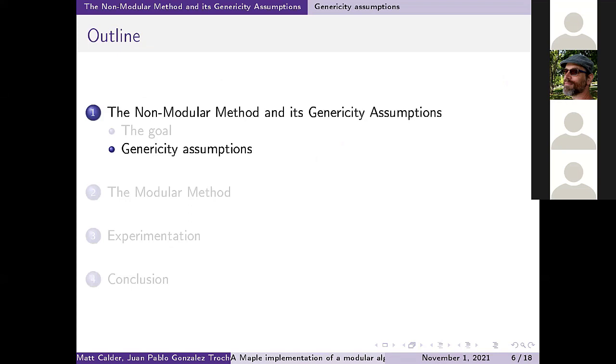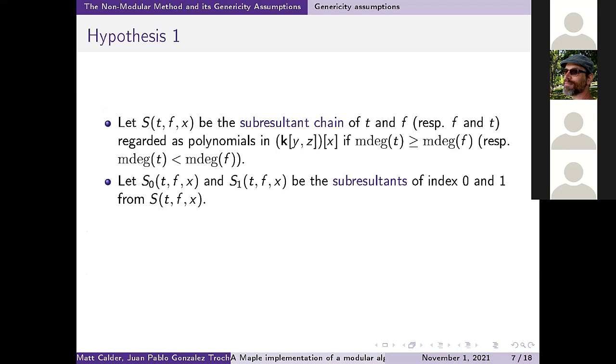So we are going to now explain our genericity assumptions. We will call little r and l the subresultants of index 0 and index 1 respectively between T and f when the main degree of T is greater or equal than the main degree of f.